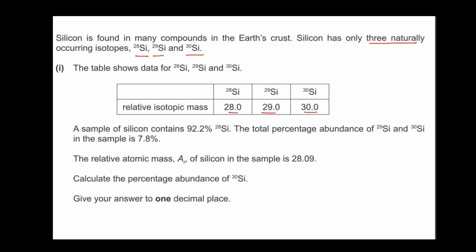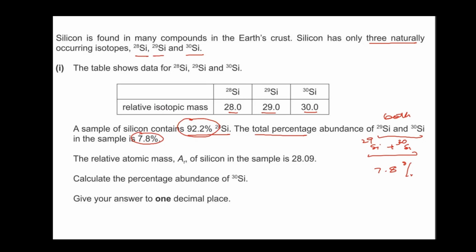Now, a sample of silicon contained 92.2% silicon-28, and the separate percentages of 29 and 30 are not given. They have given us the total percentage of both of these, and that is basically 7.8%. That's the sum of silicon-29 and silicon-30, because silicon-28 itself is 92.2%.